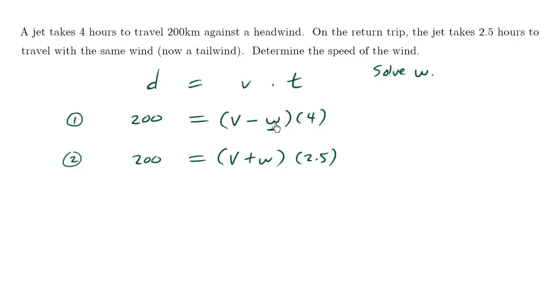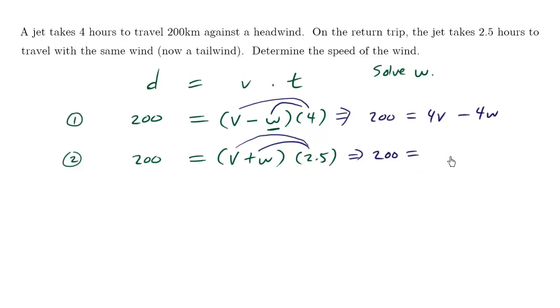Let's just use some basic algebra here. We're going to take this first equation and I'm going to focus on 4 times v and then 4 times negative w. So this equation becomes 200 equals 4v minus 4w. And this equation here, using distribution, is going to be 200 equals 2.5v plus 2.5w.